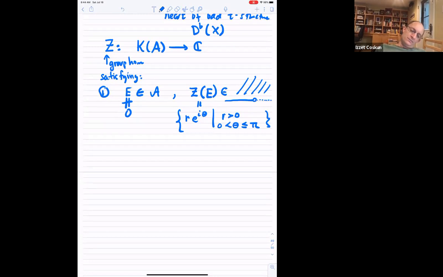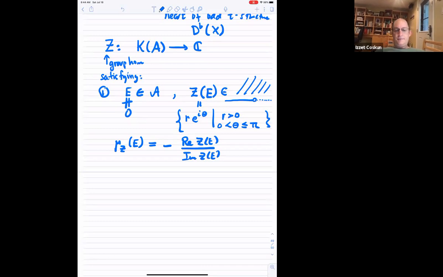I can talk about the Z slope of a non-zero object, and it is minus the real part of Z divided by the imaginary part of Z, with the understanding that if the imaginary part is 0, then this is defined as plus infinity. And you need something like this to be able to make sense of this.